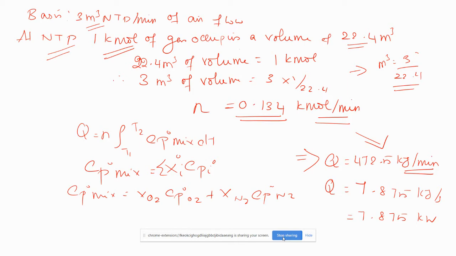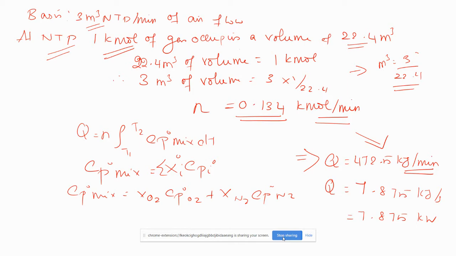Previously they gave Cp naught m1 and Cp naught m2 directly. Now, same way, this is Cp naught m1 and this is Cp naught m2, but here you have three different gases, so you have three different values of each.